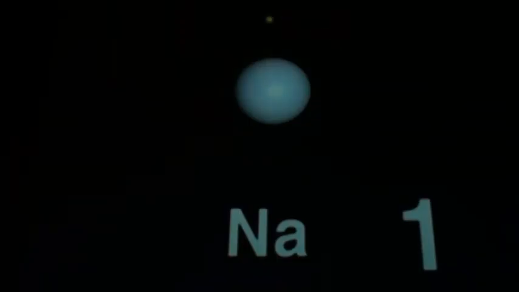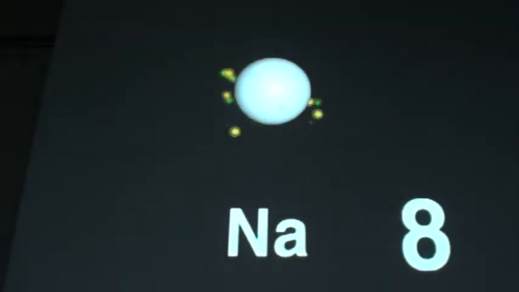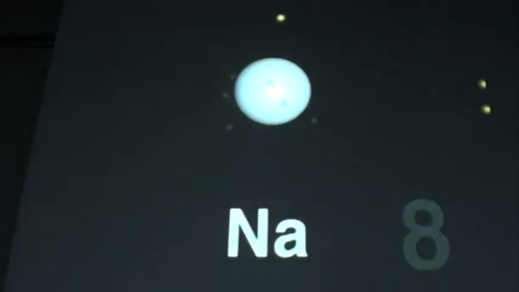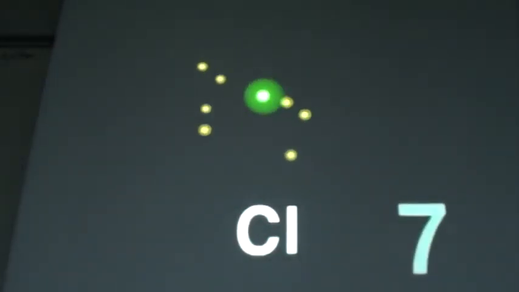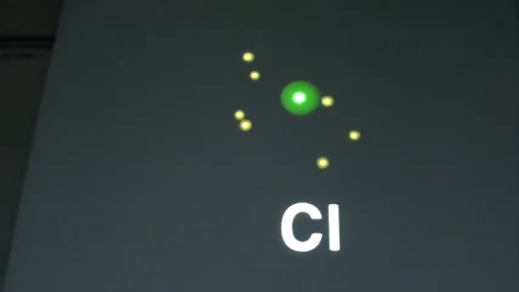Ionic bonding occurs between two atoms when one of the atoms has sufficient strength of attraction to remove an electron from the other atom. A sodium atom has one valence electron, with a stable energy level below containing 8 electrons. A chlorine atom has 7 valence electrons.